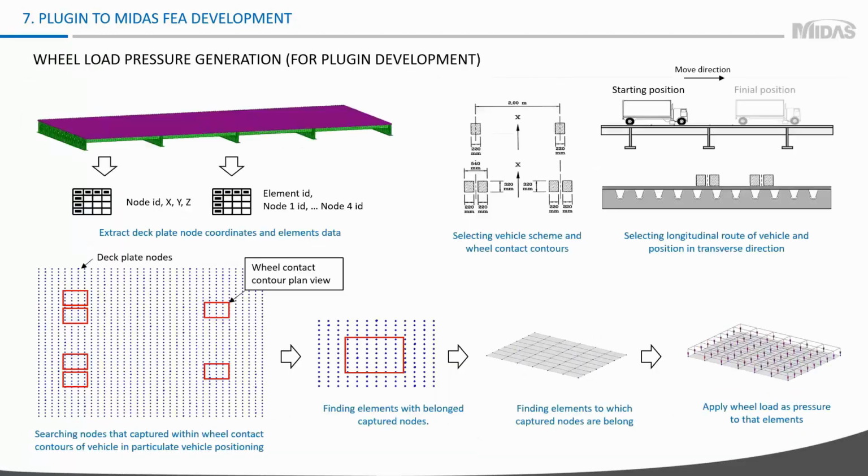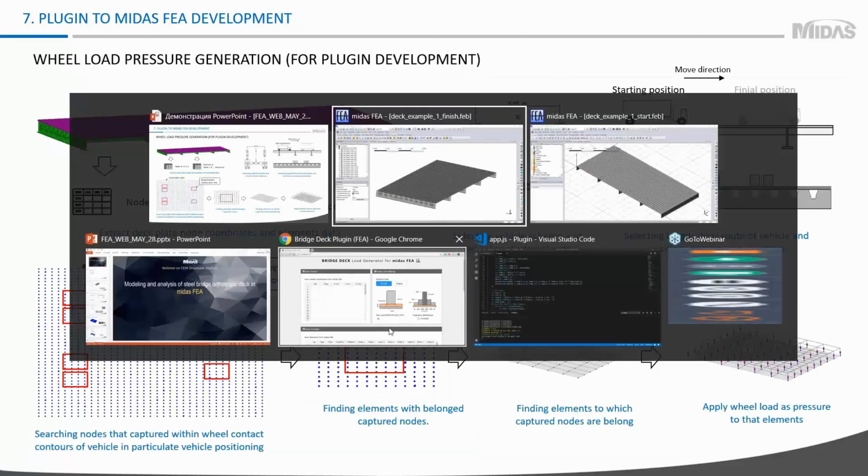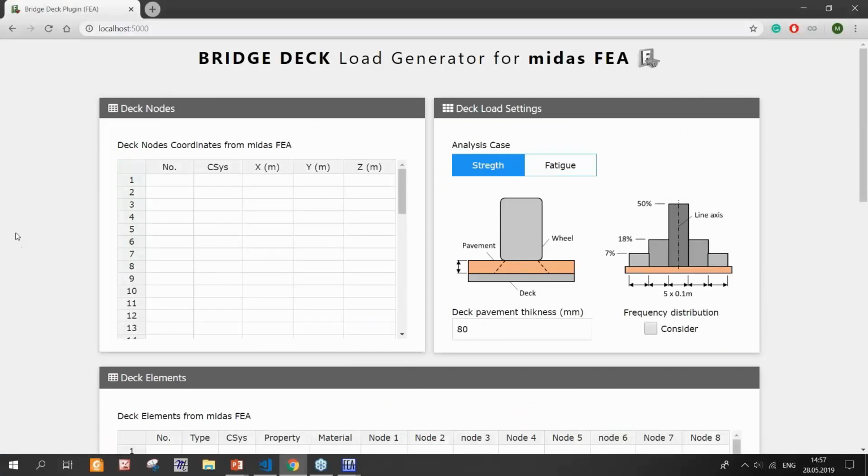Now I'd like to show you an example of the plugin. This plugin was developed using the JavaScript programming language and the Node.js platform. It's like a web-based application. Here's a table entry of deck node coordinates.